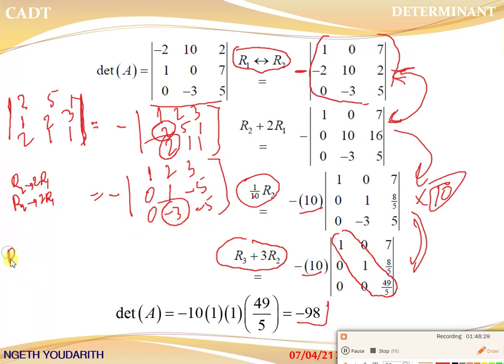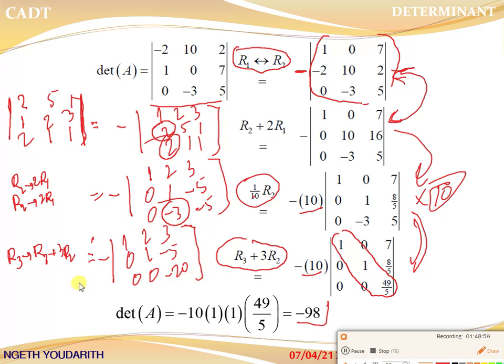So I write R3 equal to R3 plus 3 R2. So it is equal to minus 1, 2, 3, 1, 0, 1, minus 5. This one is 0, 0. This one is 5, this one is 15, plus this one is minus 20.